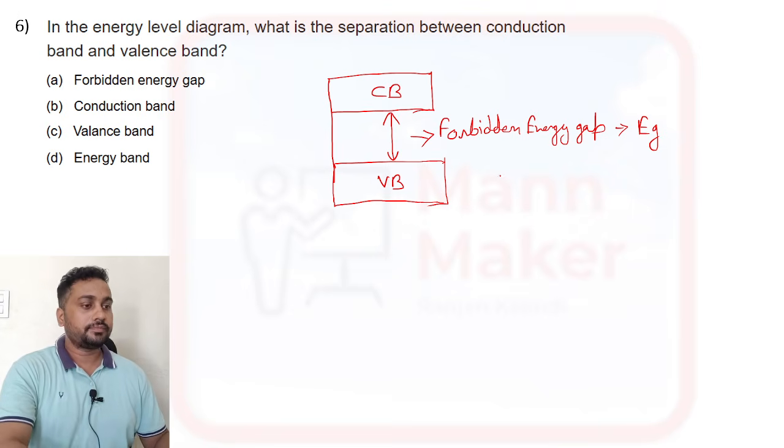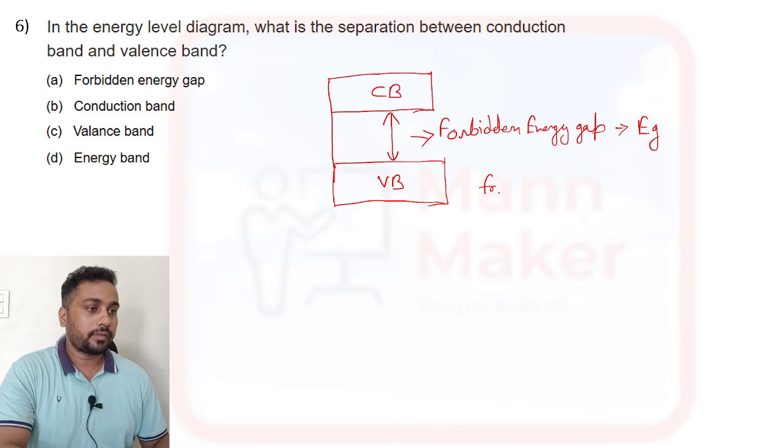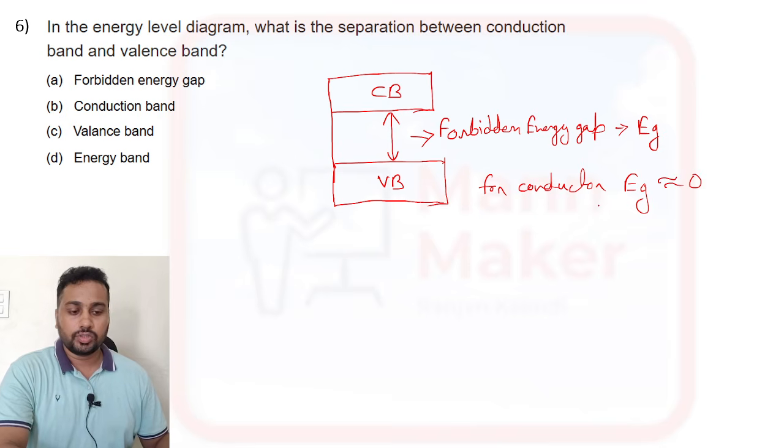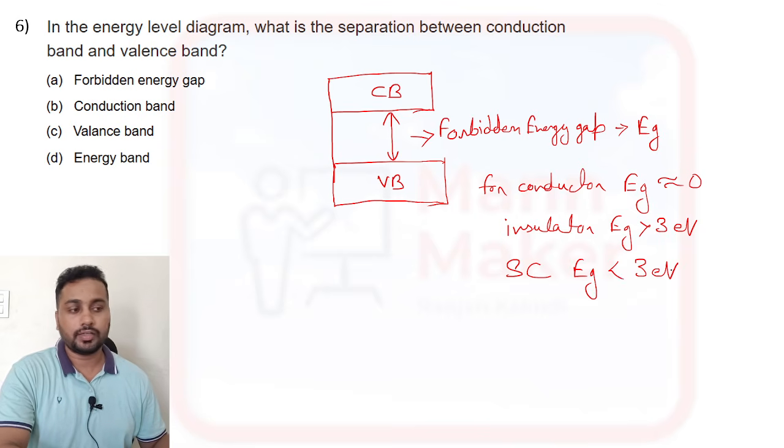All right, there are some conditions you have to remember for conductor, insulator and semiconductor. For a conductor, the forbidden energy gap Eg is approximately 0. For an insulator, Eg is greater than 3 electron volt, and for a semiconductor, Eg is less than 3 electron volt.